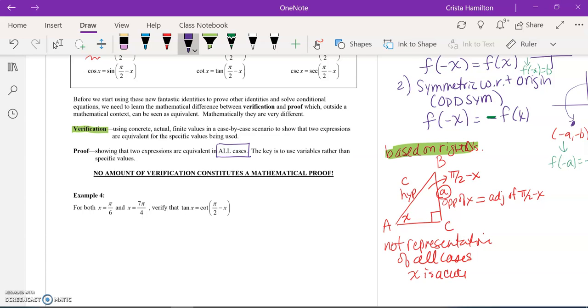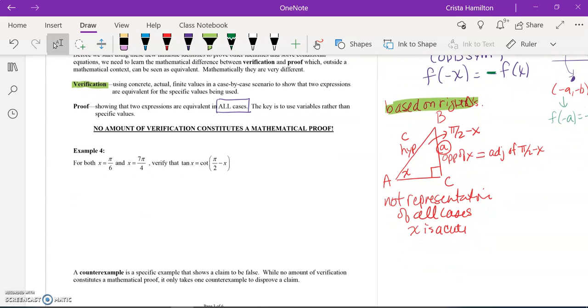The idea is to make sure that you're using variables rather than specific values, so that it's in general. You're using identities that you already know to be true to help you out, or given facts that we've already proven. This is the big idea that I'm trying to get across: no amount of verification constitutes a proof.